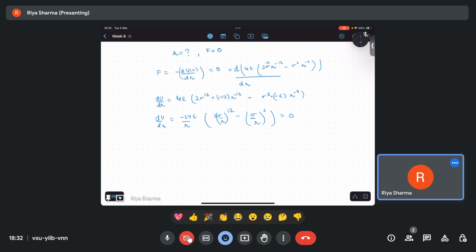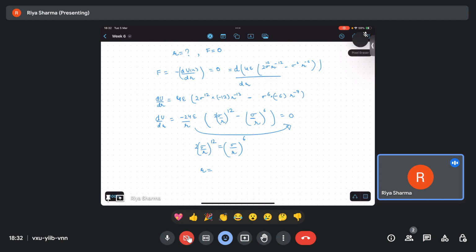Is it fine? So now this part will go to 0. If I just have sigma by r to the power 12 equal to sigma by r to the power 6, only that will be left. So what value of r will we get?